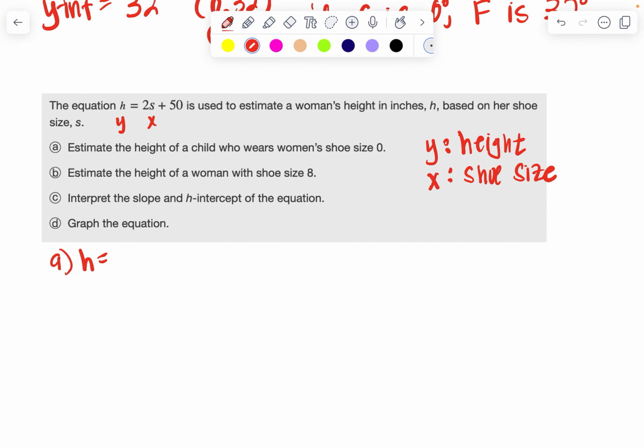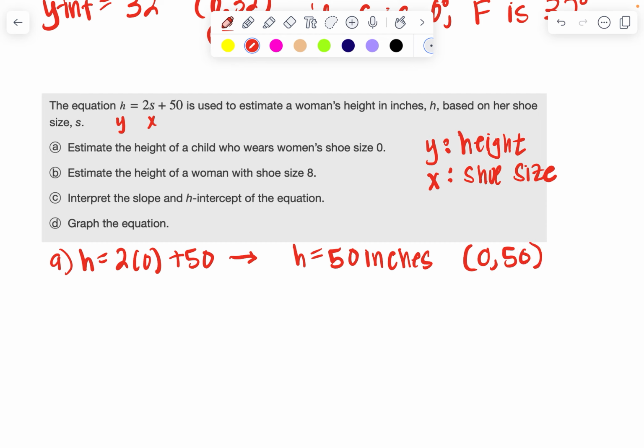So we're going to plug 0 in for s. 2 times 0 plus 50 would mean that the height would be 50 inches. So this is also a point, 0, 50. If shoe size is 0, height is 50.